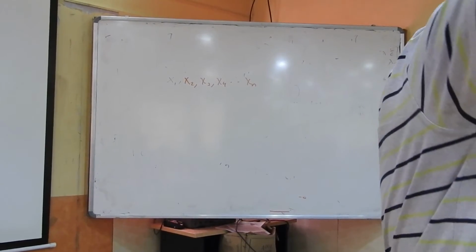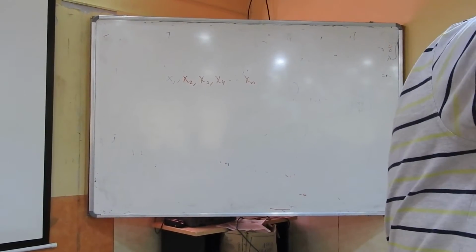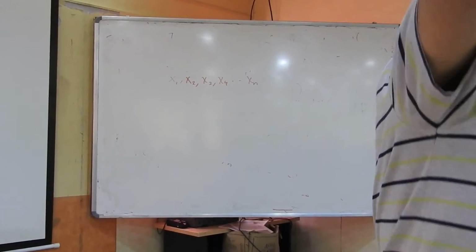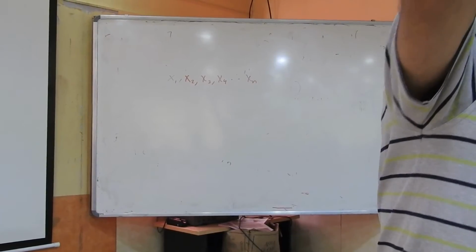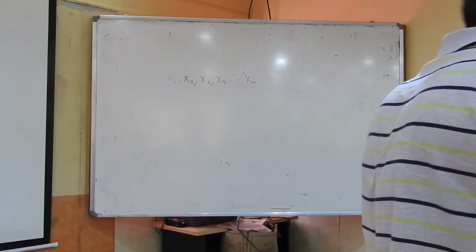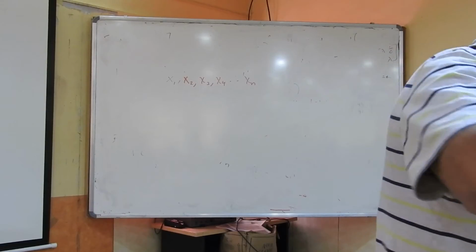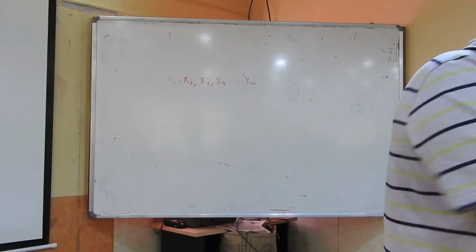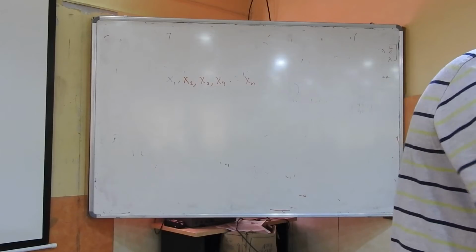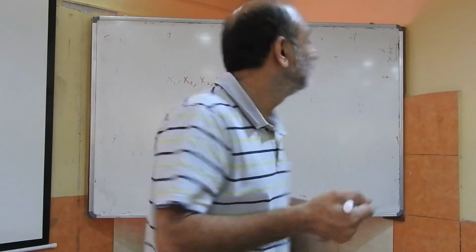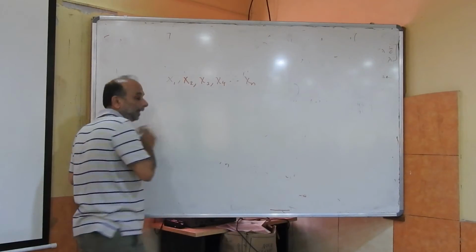Let us say that the population has a mean mu and a variance sigma square, and this is a random sample of individuals from this population. What is the size of the random sample? Small n. The size of the random sample is small n.